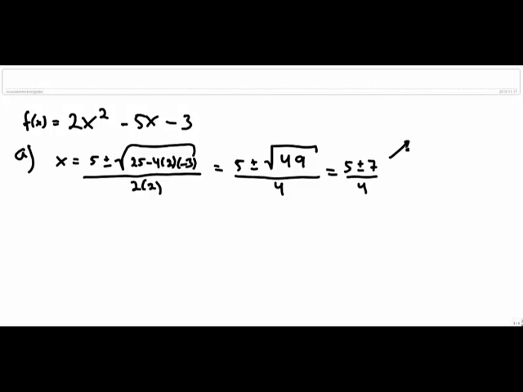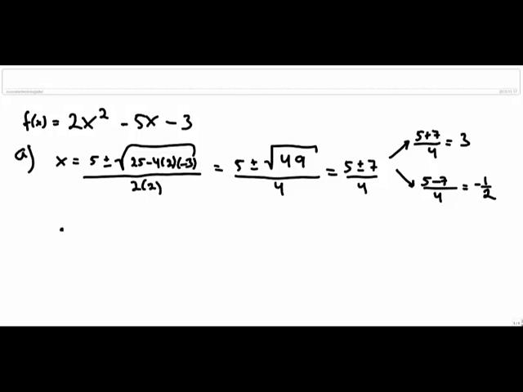This will give us 2 solutions. 5 plus 7 divided by 4 is 12 divided by 4, which is 3, or 5 minus 7 divided by 4, which is minus 2 over 4, which is minus a half.